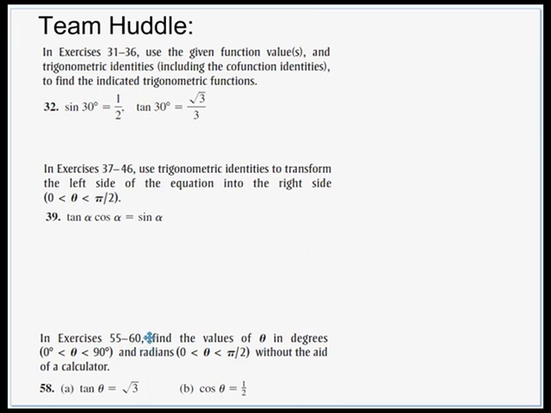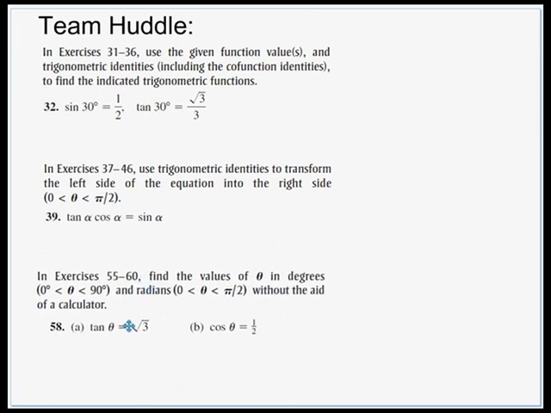This last Huddle problem here, again, it might help to go back to yesterday's notes. Find the values of theta in degrees. You know, we want our angles to be between 0 and 90 degrees, or 0 and half pi radians. So we are in the first quadrant. We want to find the value without using a calculator.